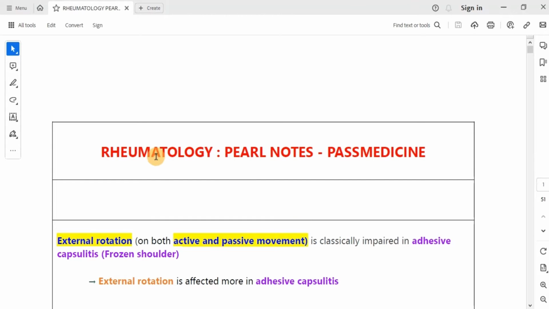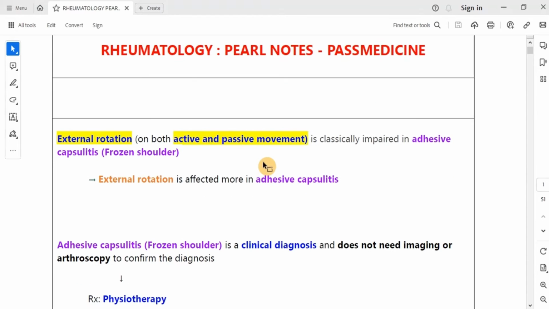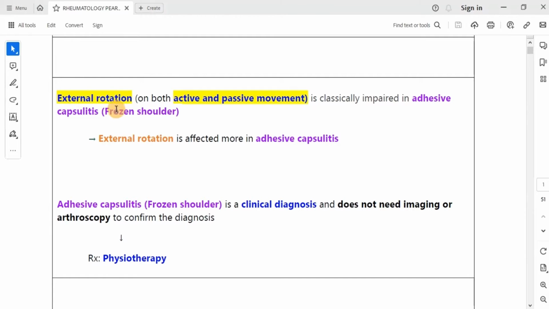So this is our rheumatology Pearl notes. External rotation on both active and passive movement is classically impaired in adhesive capsulitis, which is also known as the frozen shoulder. Adhesive capsulitis is most commonly seen in diabetic patients.